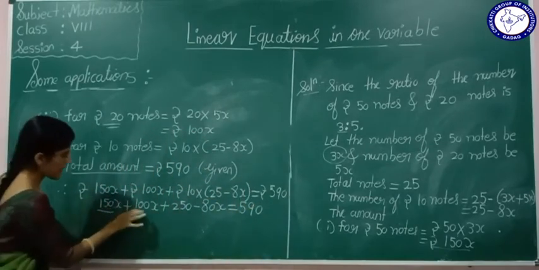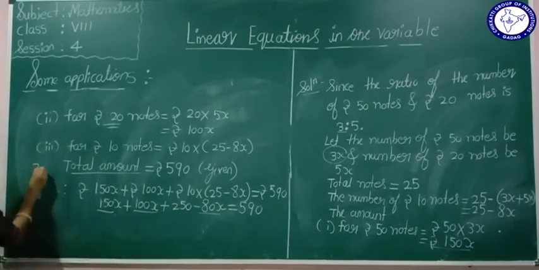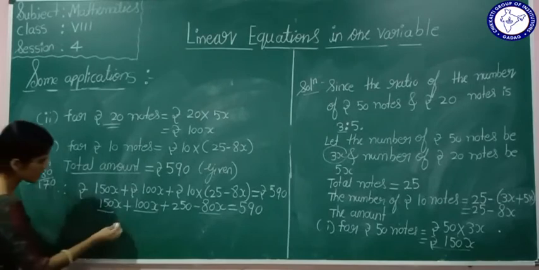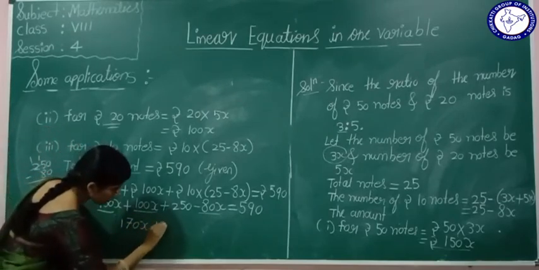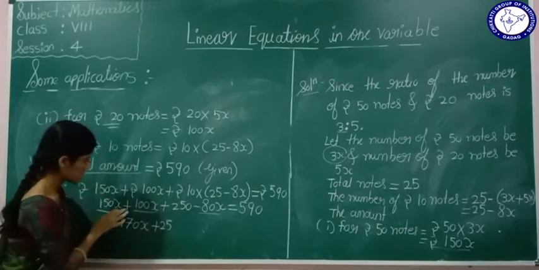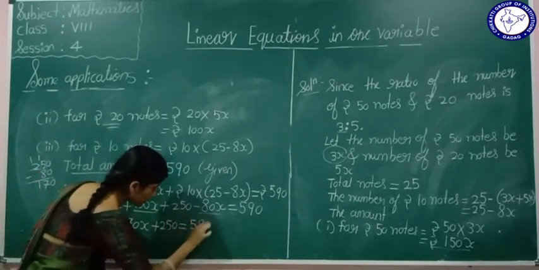Like terms can be added in mathematics, no? 150 plus 100 is 250. What is 250 minus 80? 0 minus 0 is 0. 15 minus 8 is 7. Okay, here it will be 170. 170x plus 250 is equal to 590.